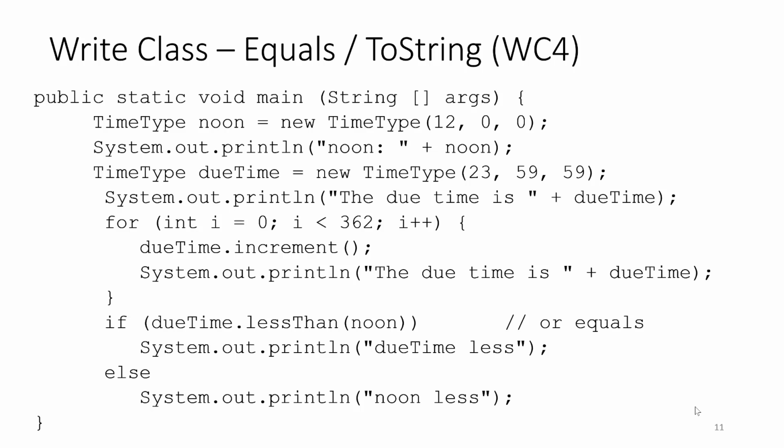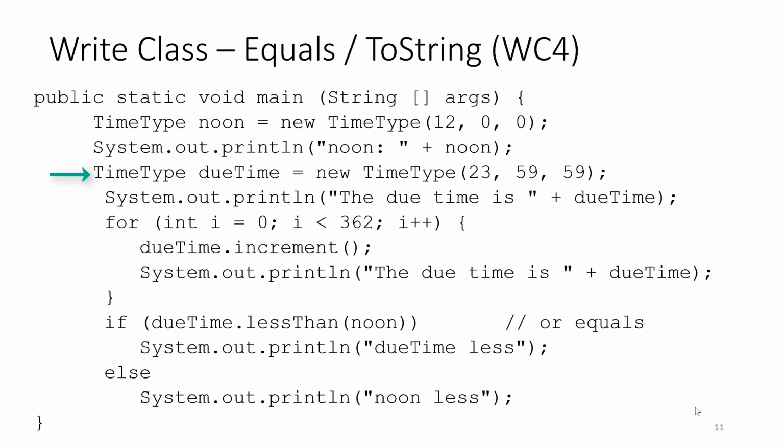In this case, concatenating noon to a string will automatically call the ToString method. This will cause the ToString logic to be called, which will then print to the monitor 12:00:00. Remind yourself why 00 is printed and not just a single 0.